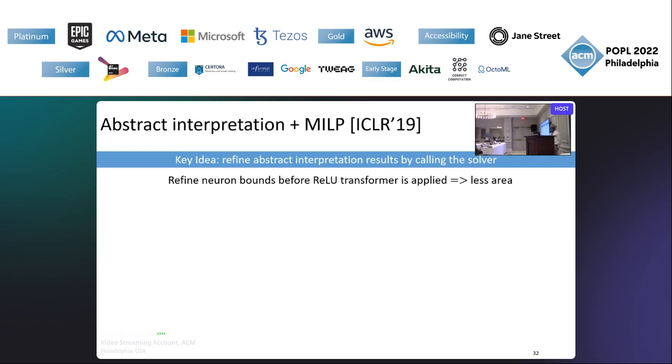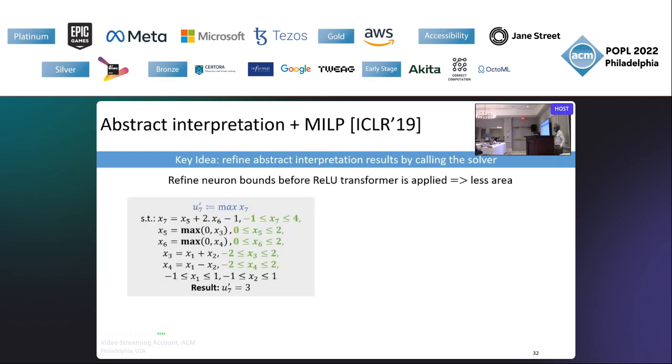As I mentioned, the ReLU approximation is the only place in the analysis where the DeepPoly analysis loses precision. And the approximation error depends upon how precise your interval bounds are that are input to the ReLU. So what you can do is use mixed integer linear programming to compute more precise bounds for the inputs compared to what you get with back substitution.